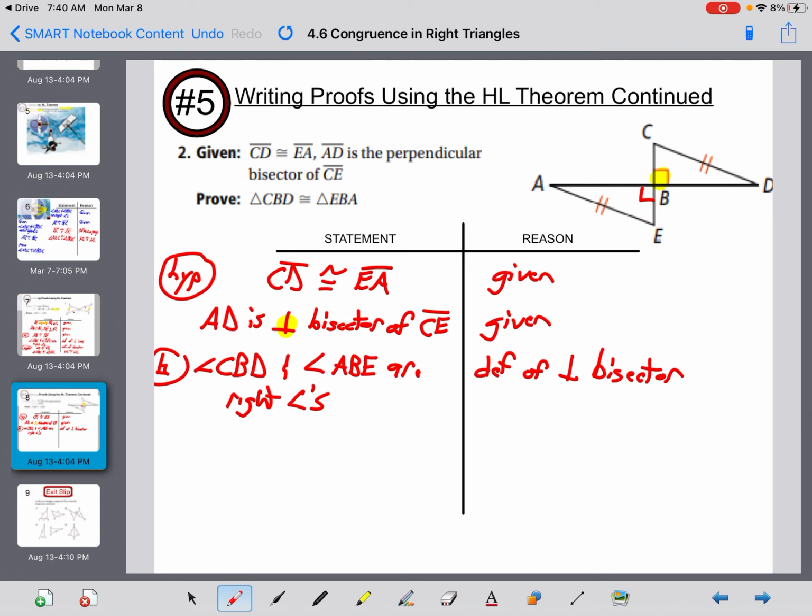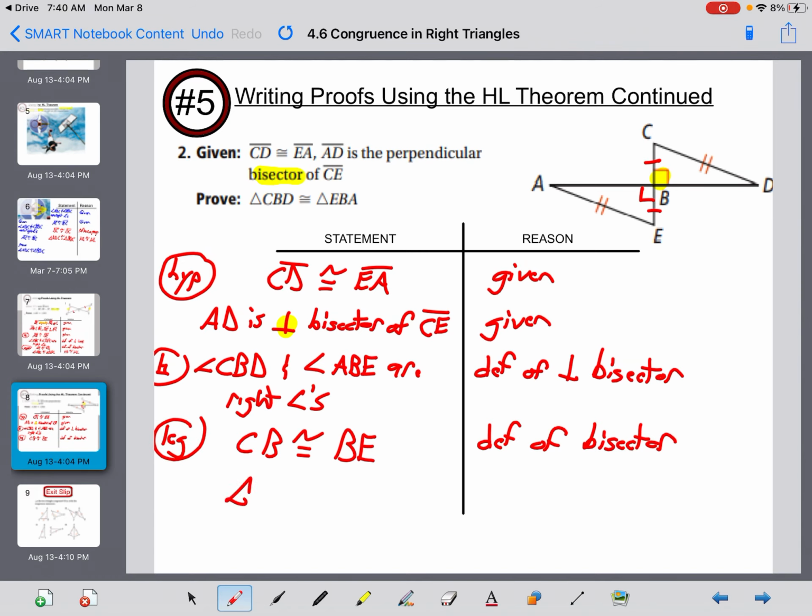Now, since it is also a bisector, that means that it is cutting CE in half. So CB is congruent to BE. That's the definition of a bisector. So here's your leg.